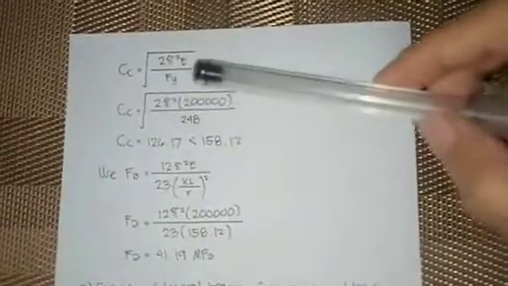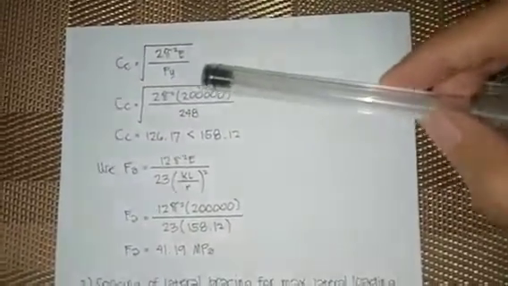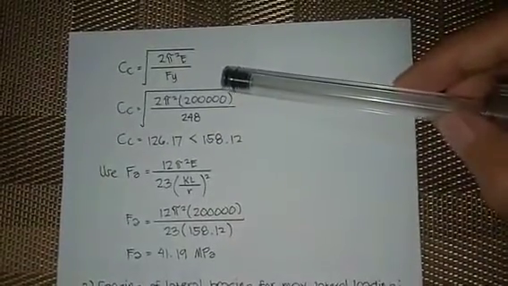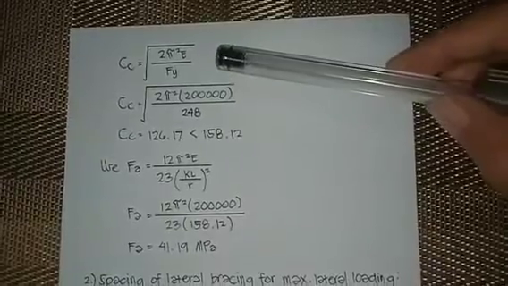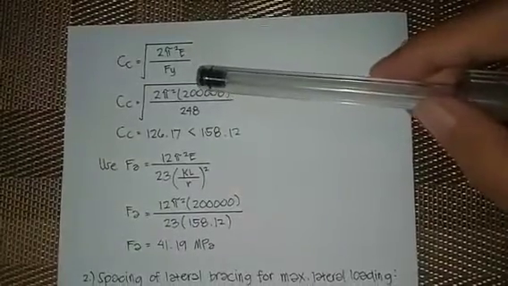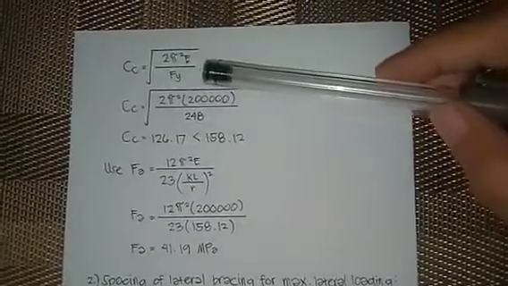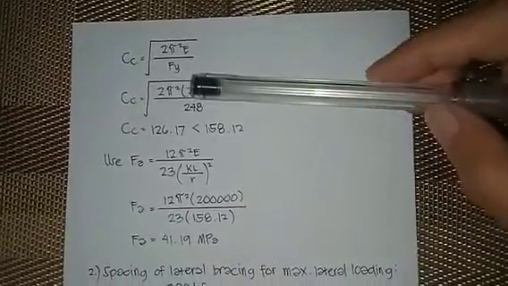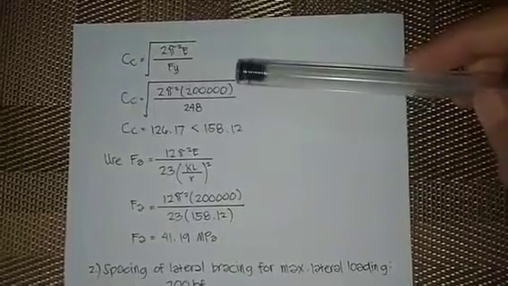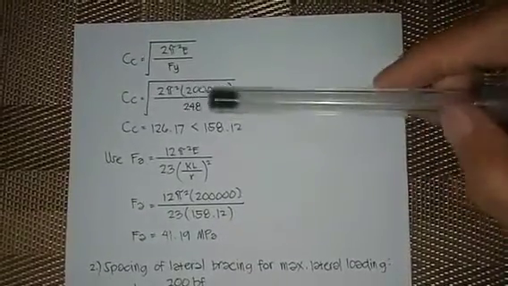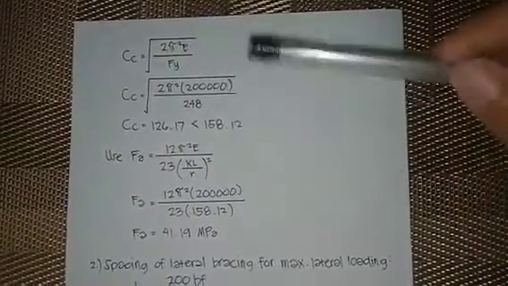Then to find the Cc, the formula is the square root of 2 pi squared times E over Fy. So, substitute: 2 pi squared times 200,000 over 248, square root.